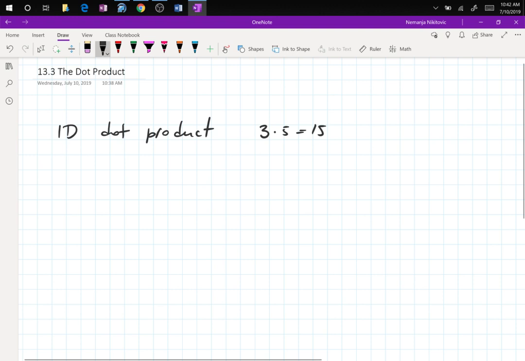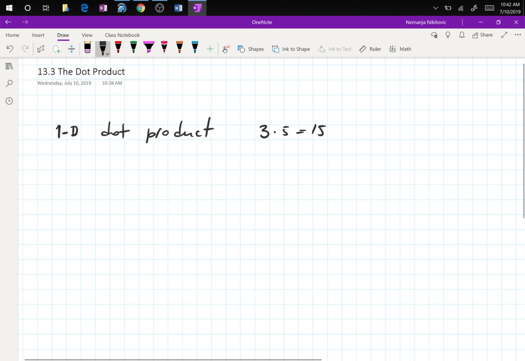If you have one-dimensional input, which is 3, and another one-dimensional input, 5, 3 times 5 is 15. This is one-dimensional dot product, right?